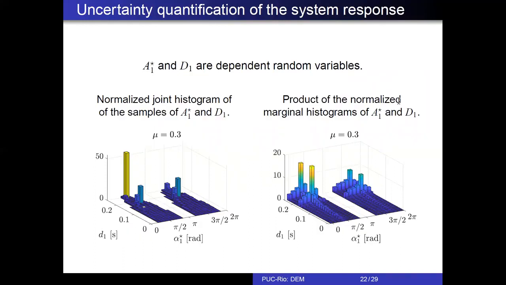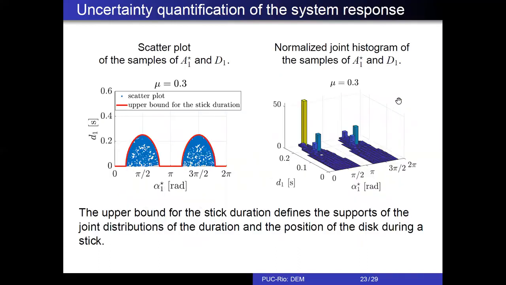Please observe that these two histograms are completely different, proving the dependence between A1 star and D1. We completely lose the support of the histogram when we make the product. But this was predictable because we computed previously the support when we computed the upper bound for the stick duration. Here I show the upper bound and the scatter plot of the samples of A1 star and D1. Please observe that the upper bound defines the support of the joint histogram.